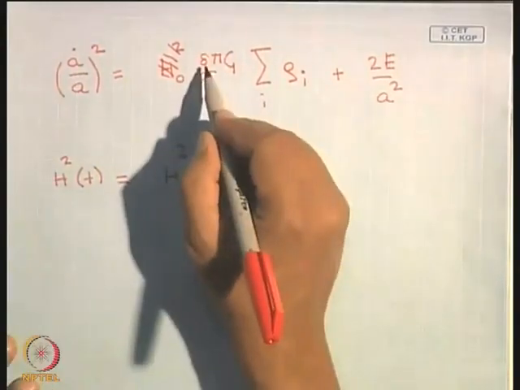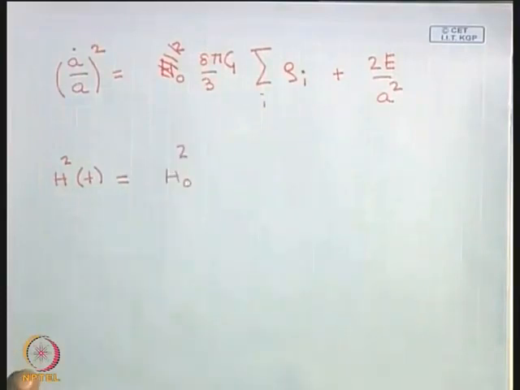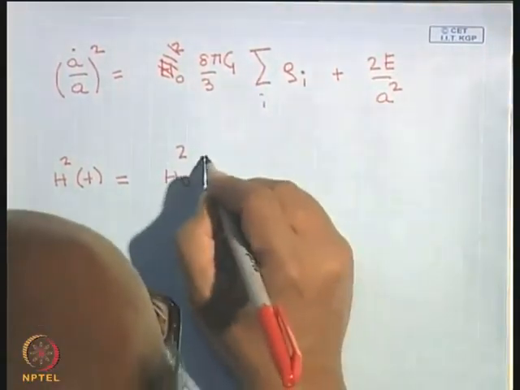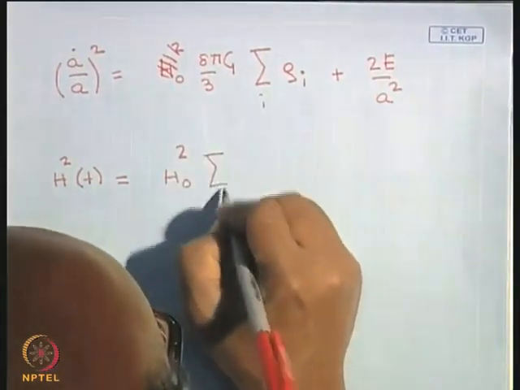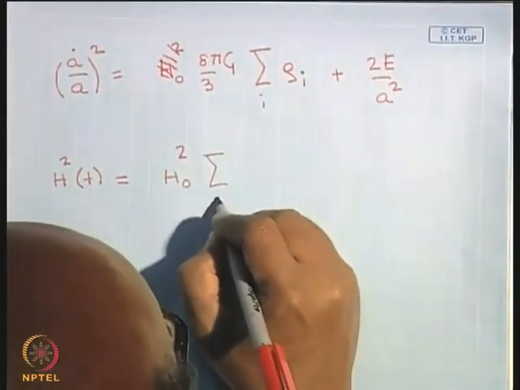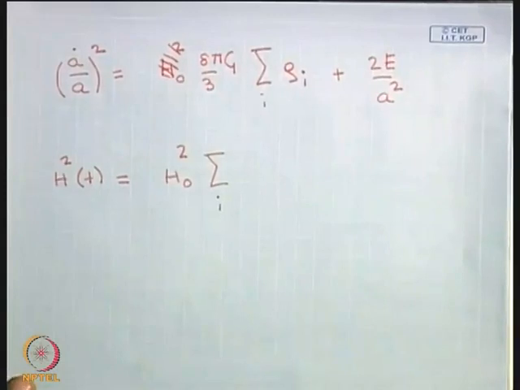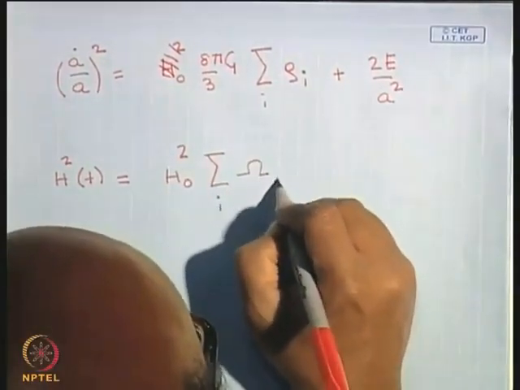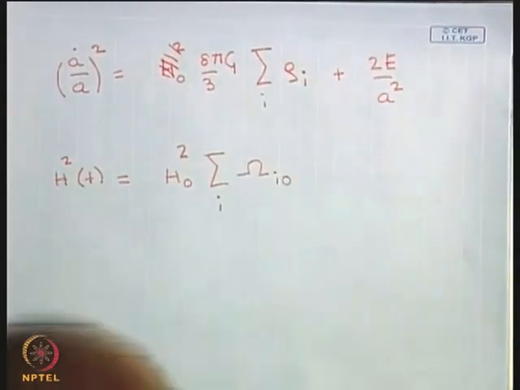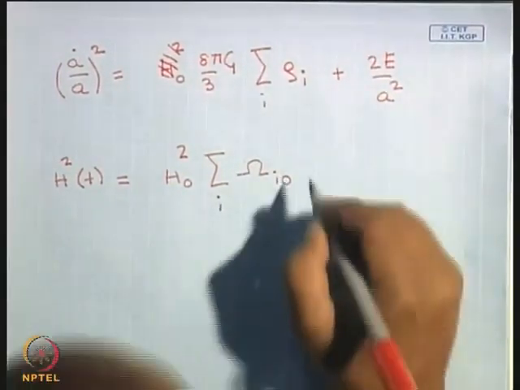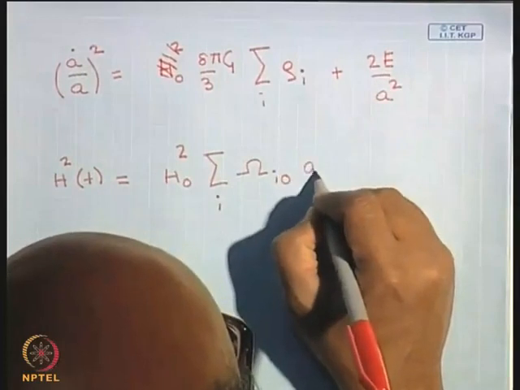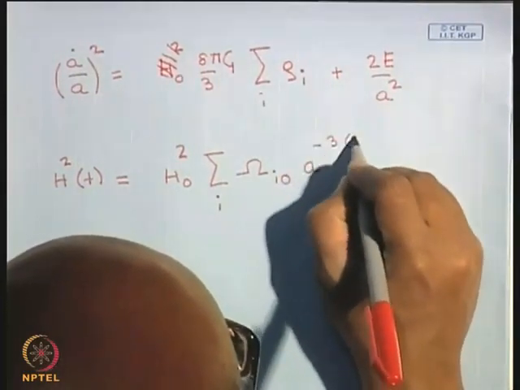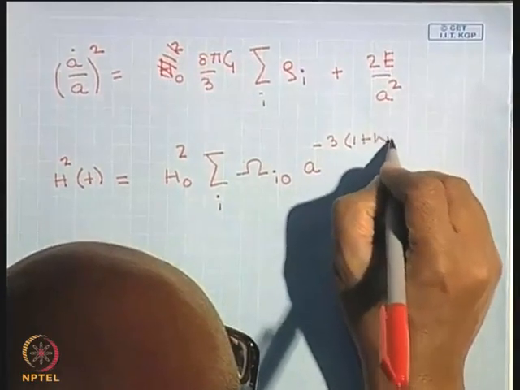Again we have replaced 8/3 pi G by 3 in terms of H naught squared and the critical density, sum of all the components in the universe, the corresponding density parameter omega i naught, into A to the power minus 3 into 1 plus w i.